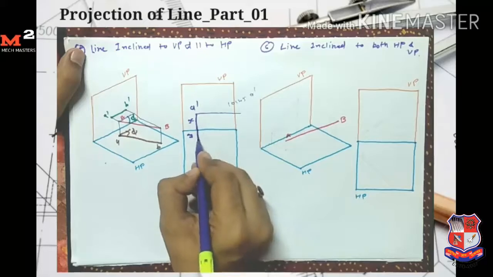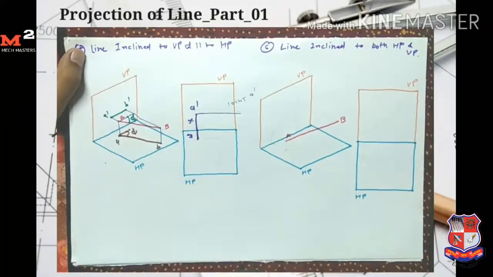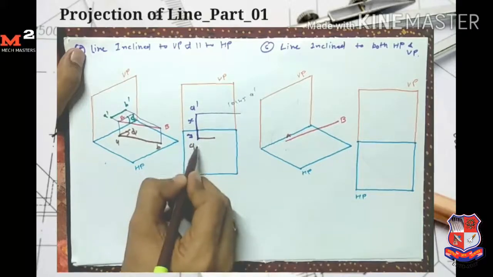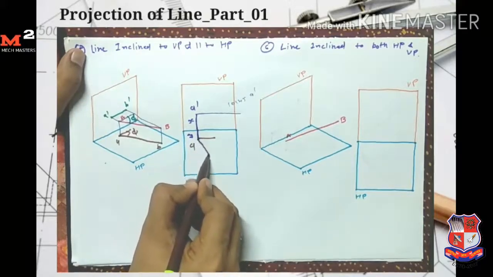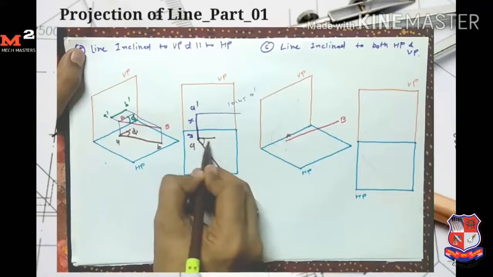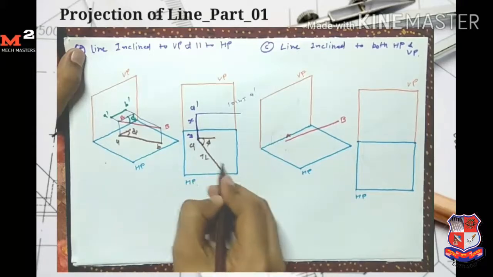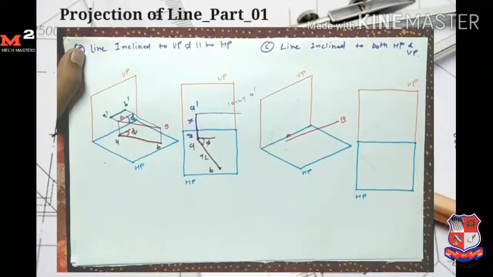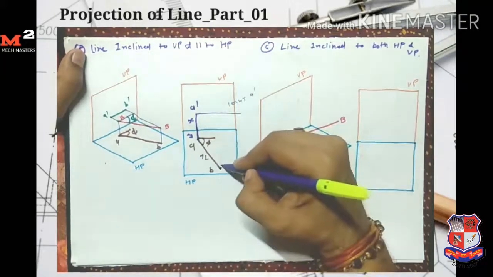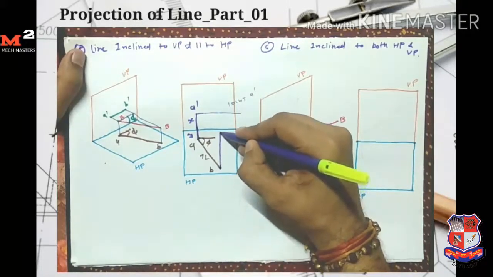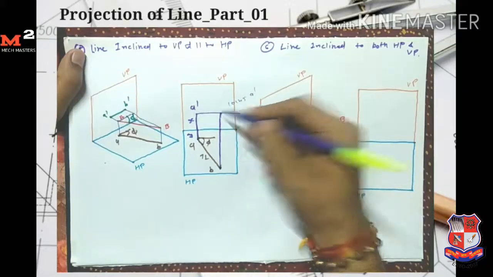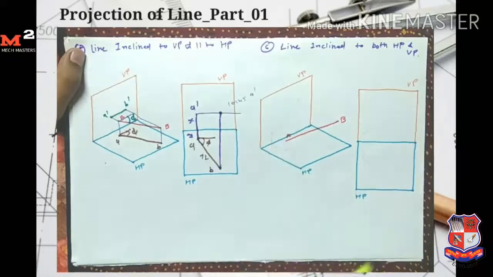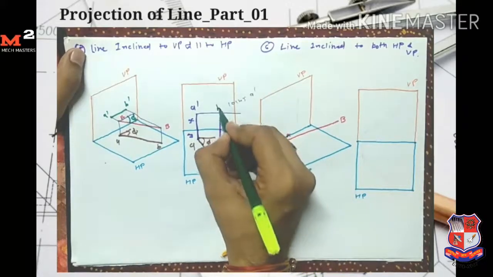Now here I get my point A. From here I take the angle phi and draw the line, and the length of this line is equal to the true length. This angle is phi and the length is the true length, so here I get my point B. Now from point B I take the projection up to the locus of A dash. When this projection intersects the locus of A dash, I get my point B dash.